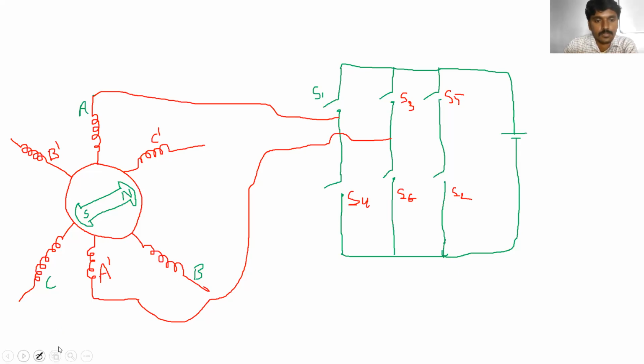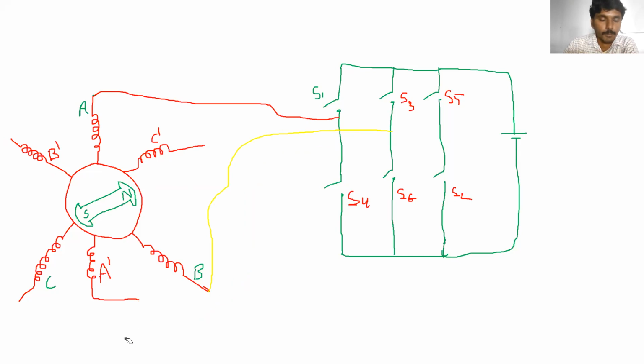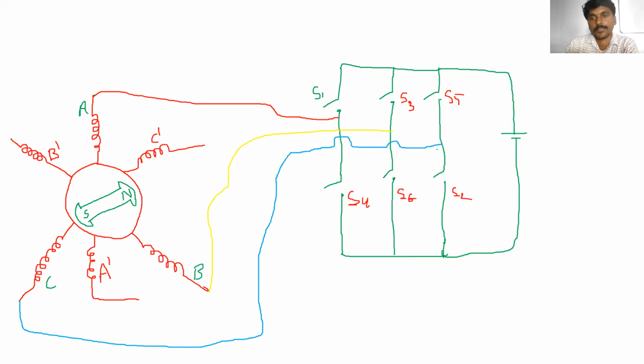Next, B phase. R, Y, B, R, A, B, C. B phase, C phase. Yes, like this.